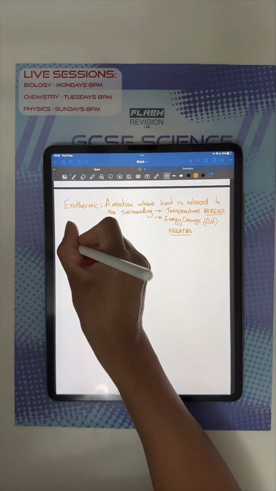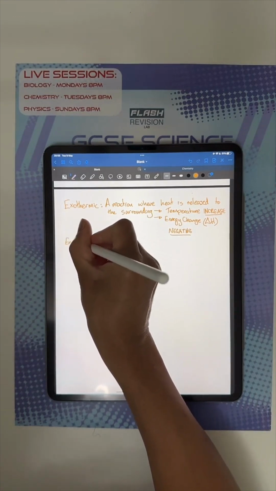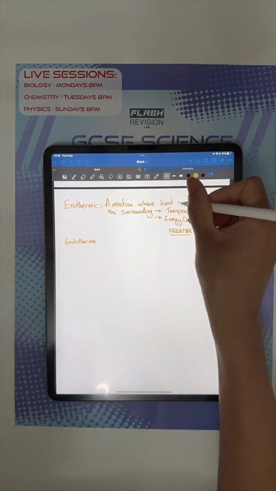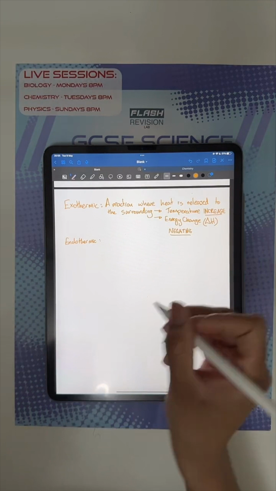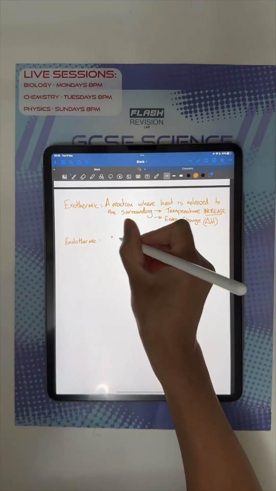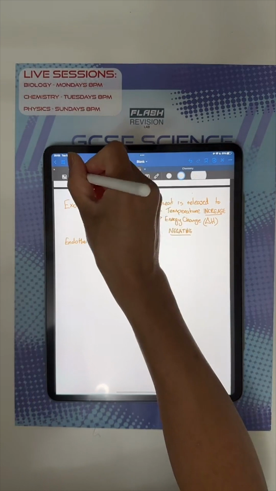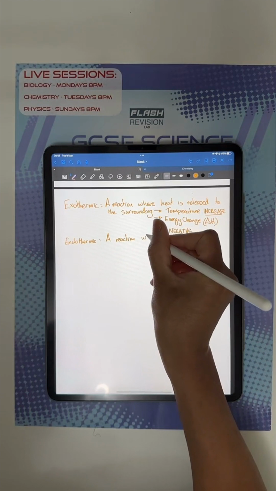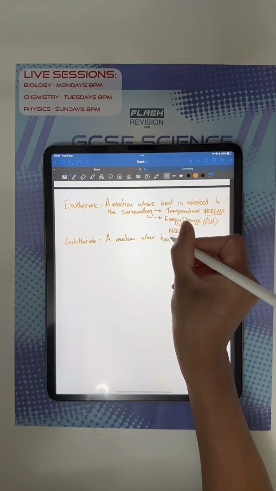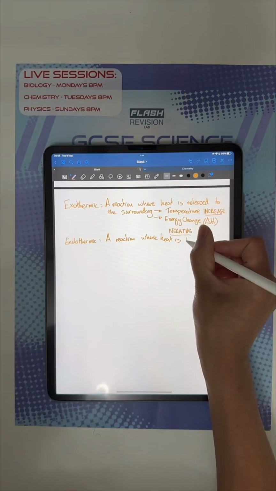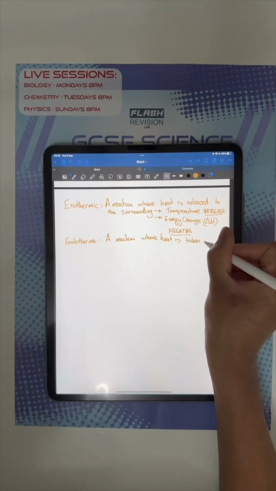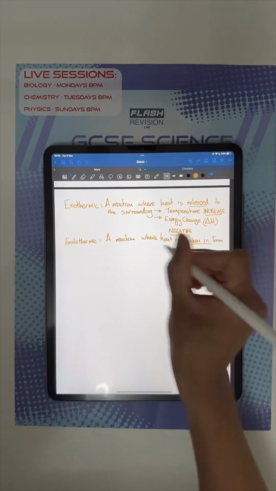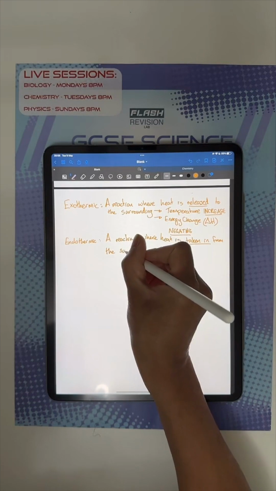Then we've got endothermic. A reaction where heat is taken in from the surroundings. I'm not going to write the whole thing, but might as well, because you guys are going to screenshot it later, aren't you? So a reaction where heat is taken in from the surroundings.